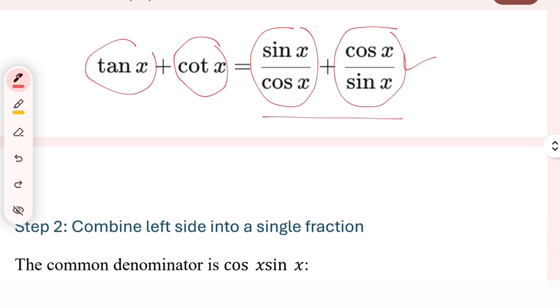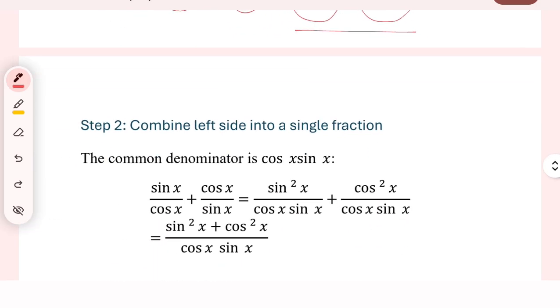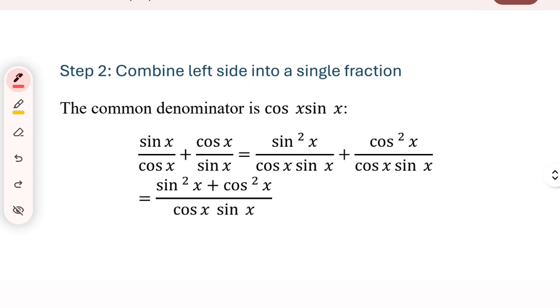We can combine both terms into a single fraction with a common denominator, which is cosine x sine x.